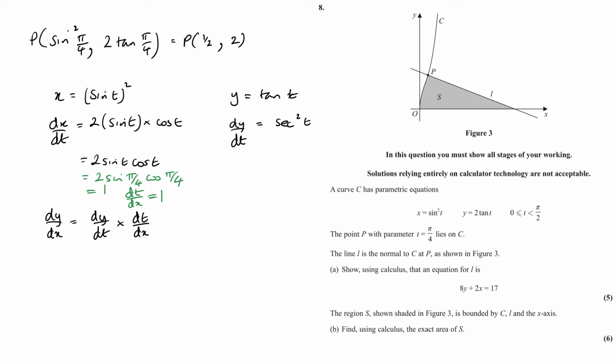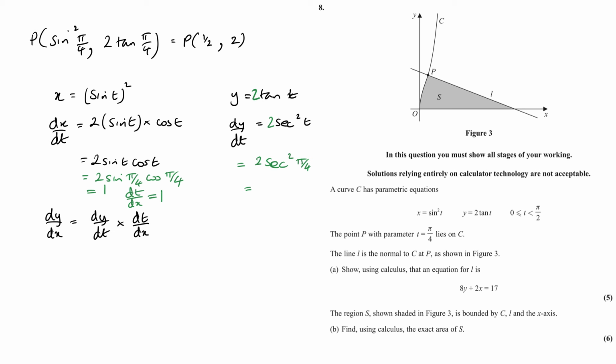Now we want to do the y, and I've just noticed something. This was 2 tan t, wasn't it? So this will be 2 sec squared t. Apologies for that. But let's put in our values. So 2 sec squared pi by 4.